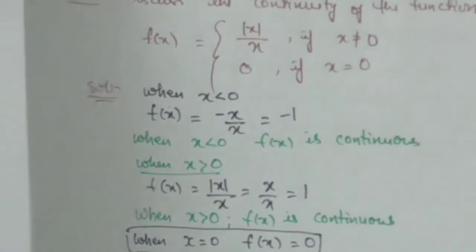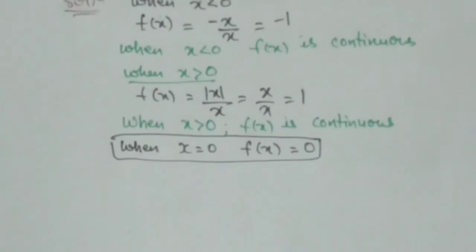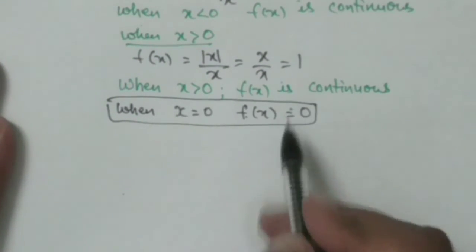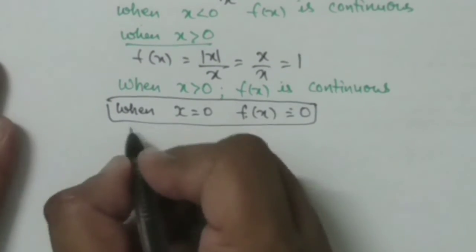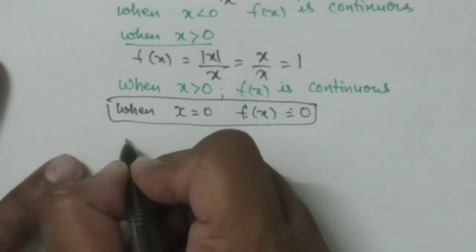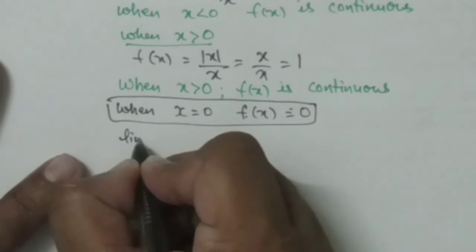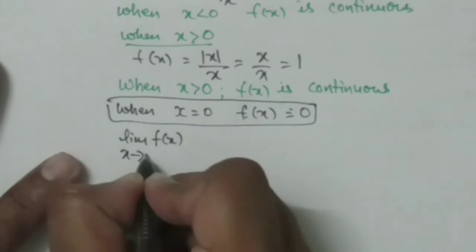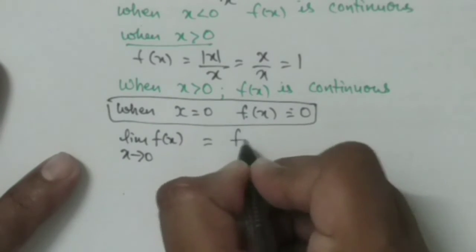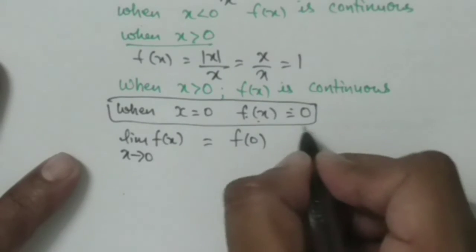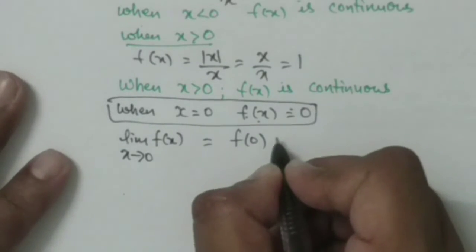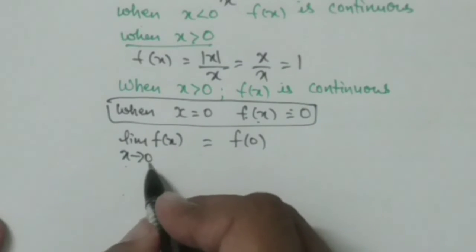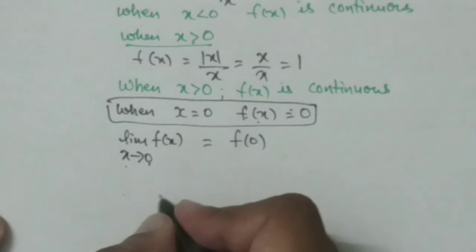So this function f(x) will be continuous at x is equal to 0 if limit of f(x) as x tends to 0 exists and it is equal to f(0). So f(0) is equal to what? It is equal to 0. So first of all I will check whether the limit of f(x) as x tends to 0 exists or not.